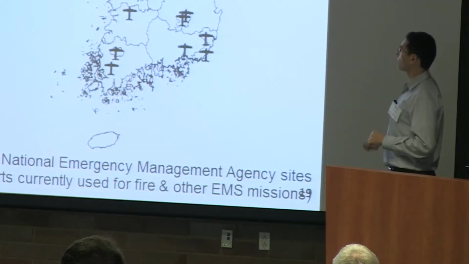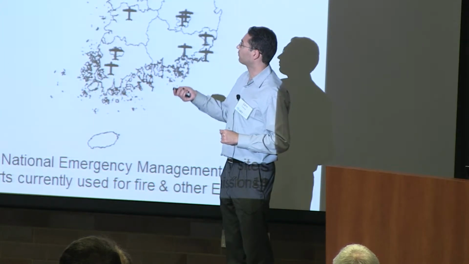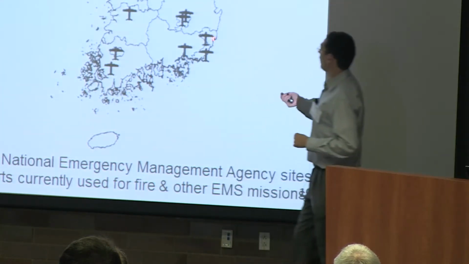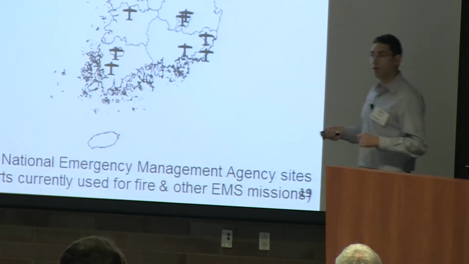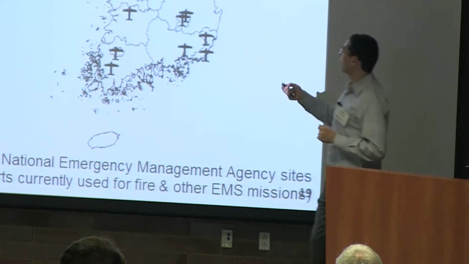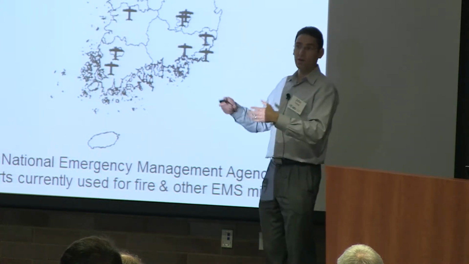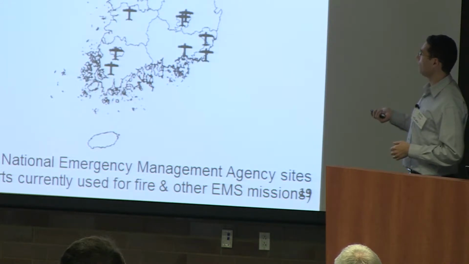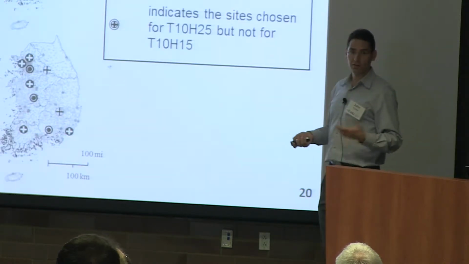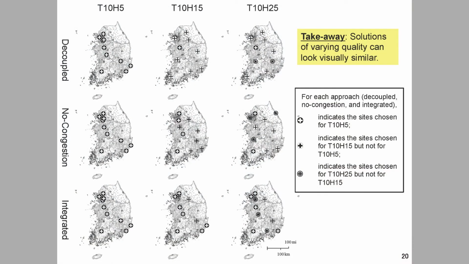And so we looked at this problem, and we wanted to try and figure out if we were able to select a subset of candidate trauma center locations and simultaneously select a subset of helicopter locations, then how could we end up with a solution that is near optimal and could do better than perhaps the existing solution or system that they have right now? Okay.